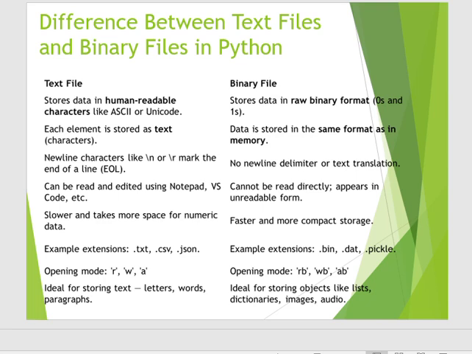The opening mode, or you can say the mode in which the files can be opened, is the same in both cases. They can be opened in read, write and append mode. Text files are ideal for storing text, letters, words or paragraphs, while binary files are ideal for storing objects like lists, dictionaries, images and audio.